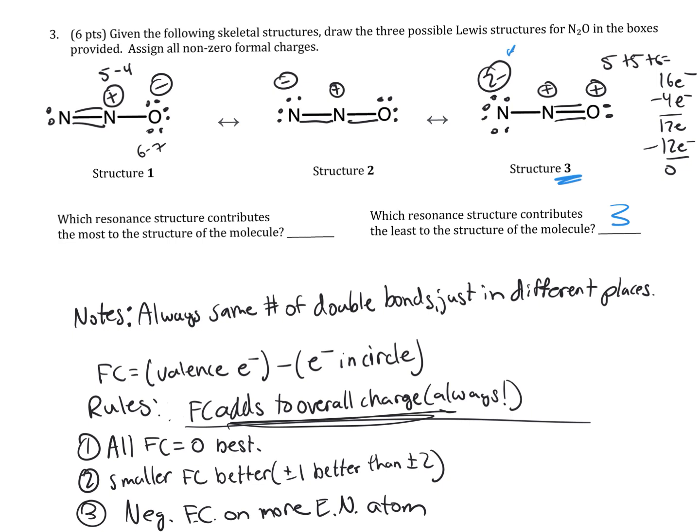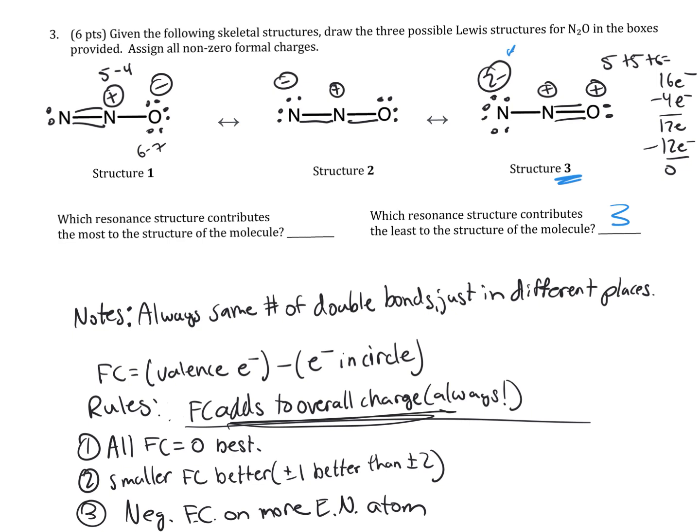Next, for 1 and 2, we have pretty good Lewis structures for both, a plus charge on nitrogen, and then a negative formal charge on either the nitrogen or the oxygen. There we need to go to rule number 3, that the negative charge should be on the more electronegative atom if we have a choice. That'll make the resonance structure a bit better.